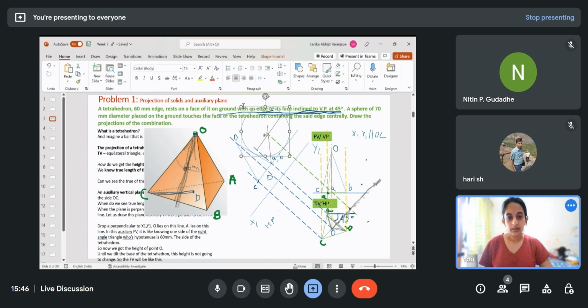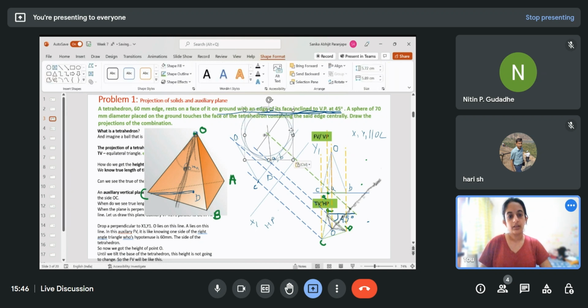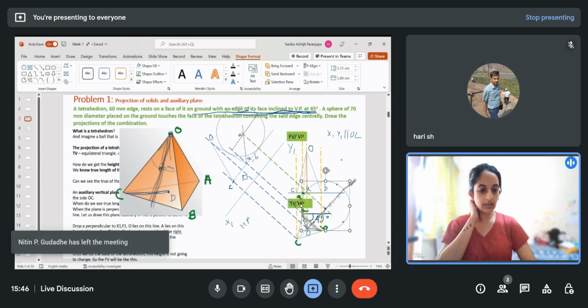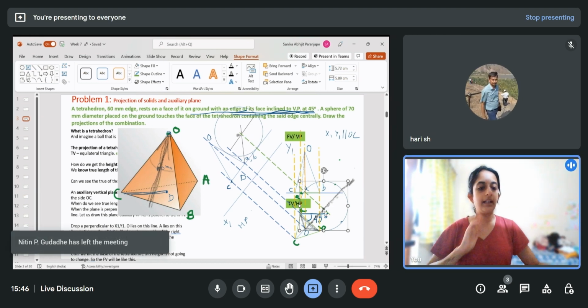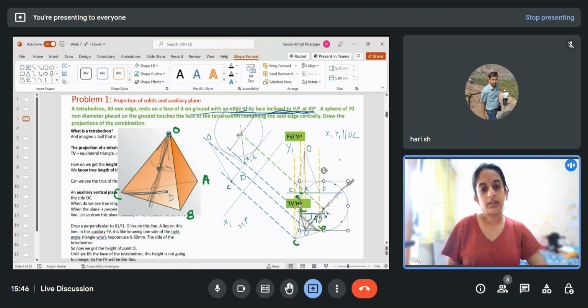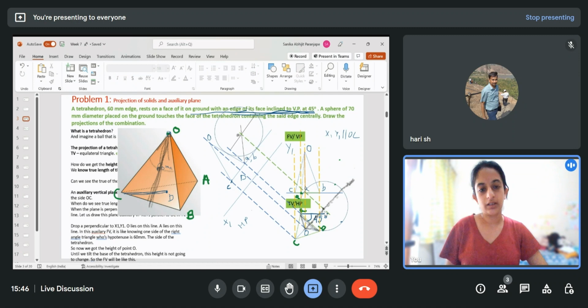So this is slightly off actually. So I will copy this circle, 70 diameter, and place it here such that this is the center and diameter is 70, or radius is 35. So this is my O. And I will also be able to determine this point by dropping a projection from here on this line.